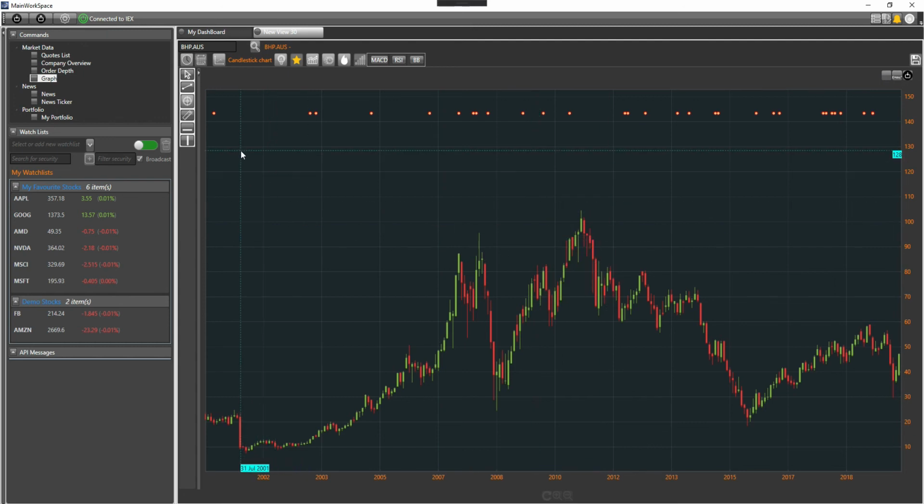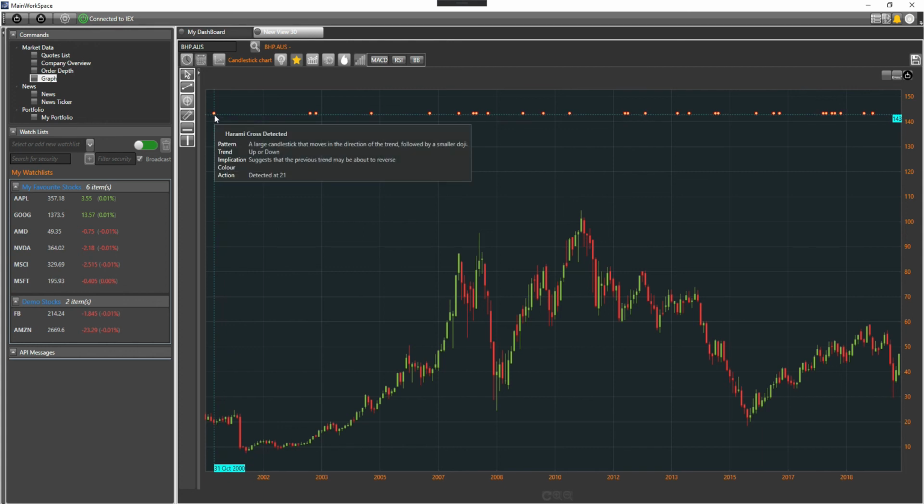So I've got a couple of icons plotted on the chart, and basically I'm running the candlestick data through a free library called TA-Lib, which is Technical Analysis Library.